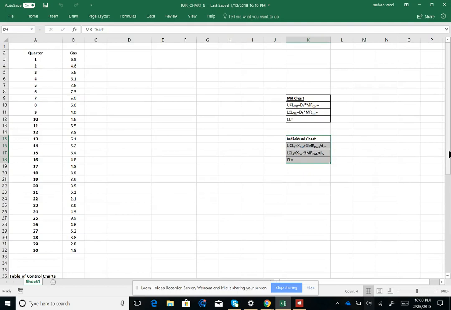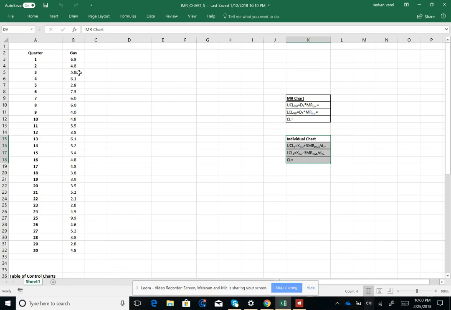Let's say that I work as a salesperson and I deliver medicines to doctors' offices. For the first quarter, I consumed 6.9 gallons of gas, and the second quarter, I consumed 4.8 gallons of gas, and the third one is 5.8, and so on.